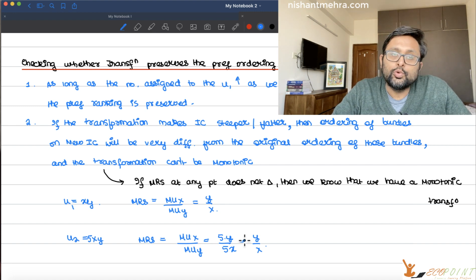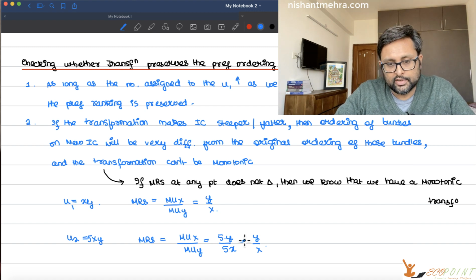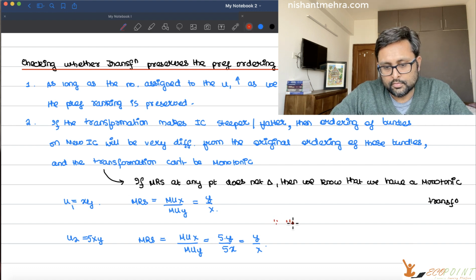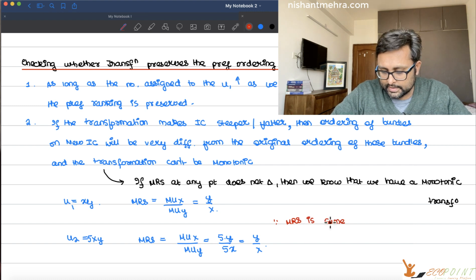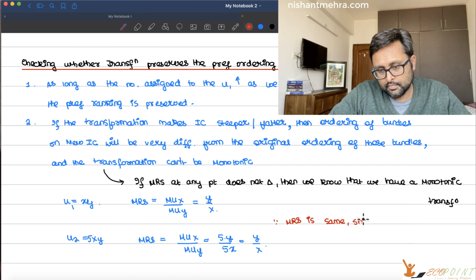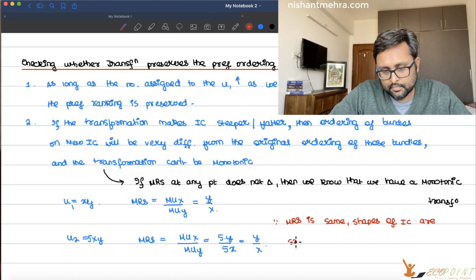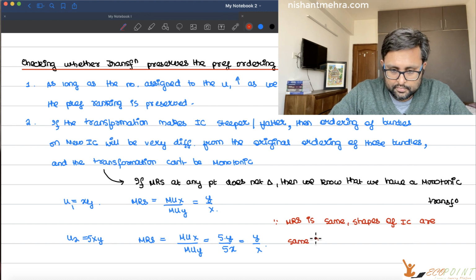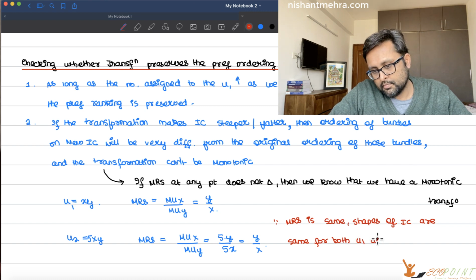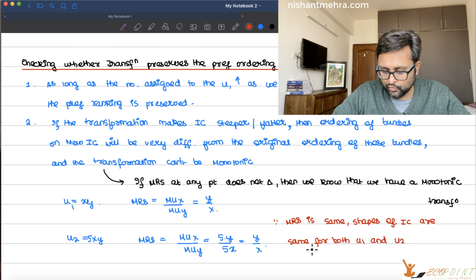So you can say that yes, u2 is the monotonic transformation of u1, right, and they represent the same set of preferences. So you might just write somewhere, because MRS is same, shapes of IC are same for both u1 and u2.